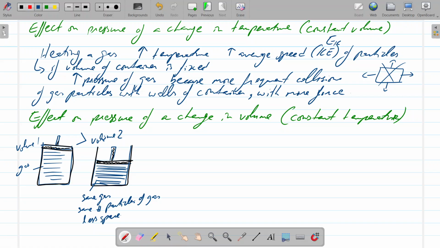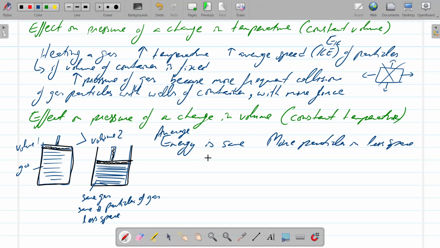But now you have, the average energy of the particles is the same, but you have more particles in less space, and therefore there are more collisions, right, happening with the surface of the container in that less space.